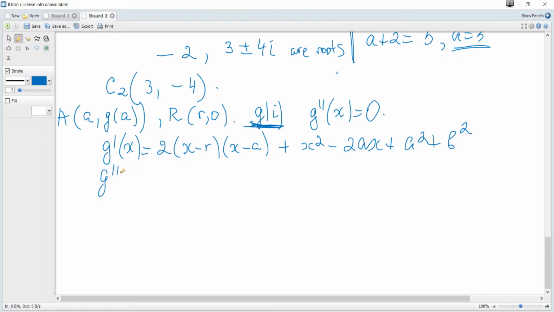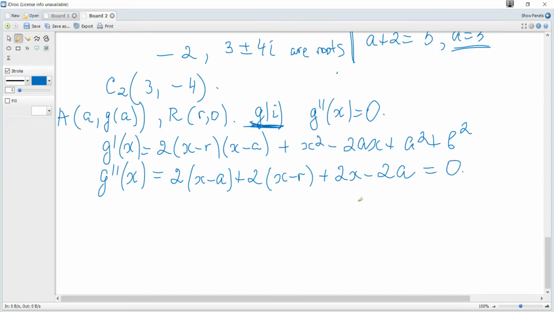So find the second derivative, and it's a product. So again, product rule: the derivative of x minus r is just 1 multiplied by x minus a, plus 2x minus r multiplied by the derivative of x minus a, which is 1, plus 2x minus 2a, and to be a point of inflection it must be 0.